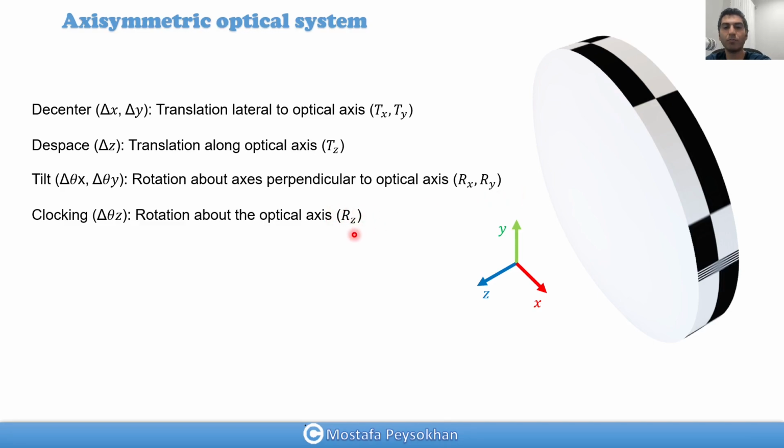But for some other systems where we have astigmatism, or any kind of birefringence or polarization dependence, that is, elements that are not rotationally symmetric around the z-axis, this parameter can play an important role.